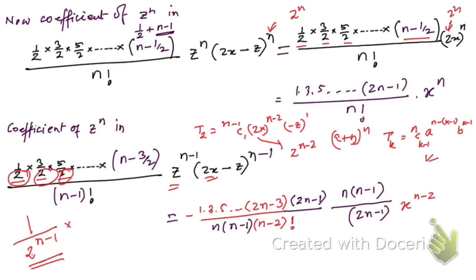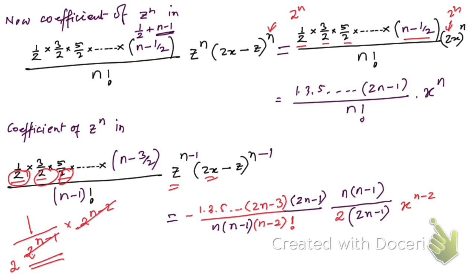If you multiply with this 2 to the power n minus 2 and cancel, then you're going to get a 2 here, we're going to have a 2 here, right? So I hope you have understood this 2. I missed that one, so now I hope these things are clear to you.